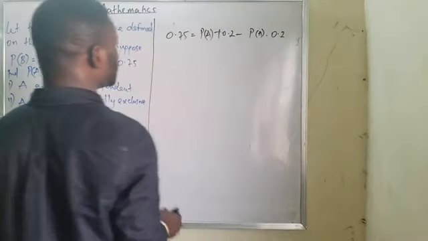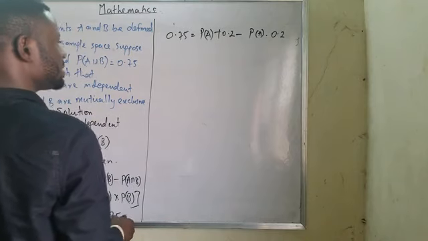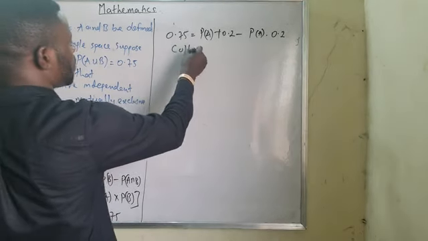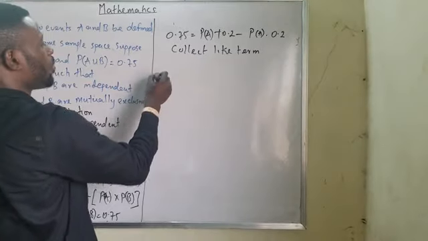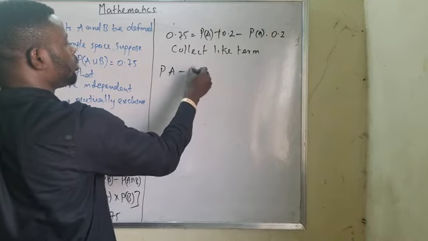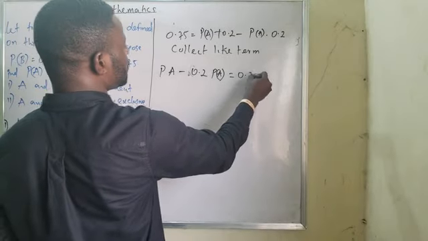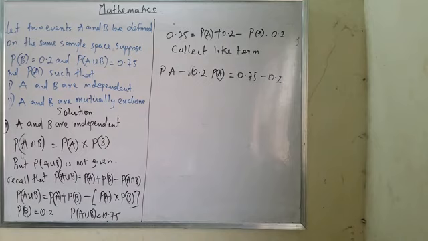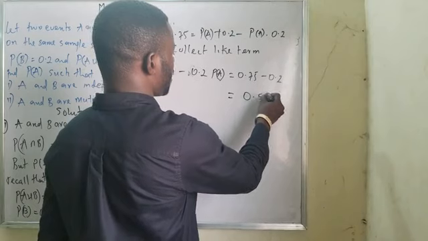That is what I will do. Now, it means I cannot collect like terms. But how do I collect like terms? Collect like terms. Now, my probability of A minus 0.2: probability of A equals 0.75 minus 0.2. Now, which is 0.55?